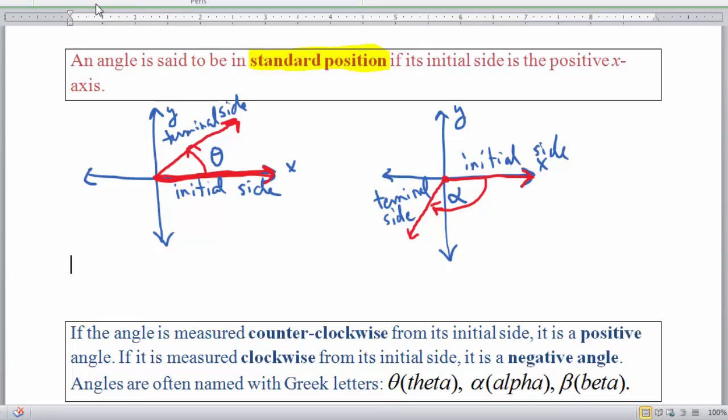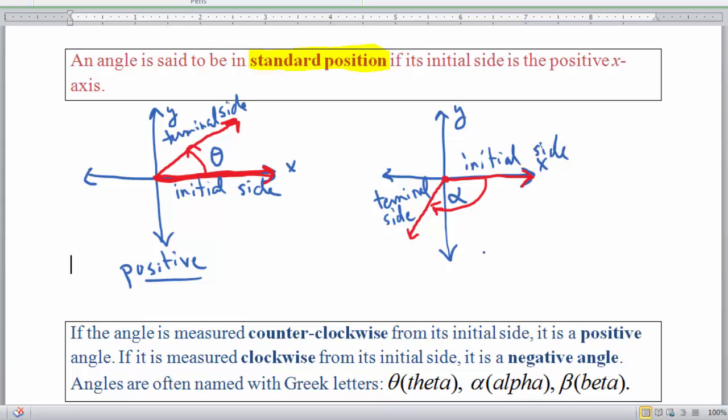All right. Now, one thing that you should notice about the two angles that I sketched here is the first one I rotated counterclockwise, whereas the second one I rotated clockwise. So if you rotate counterclockwise, the angle is going to be positive.